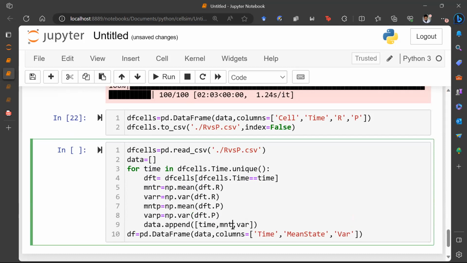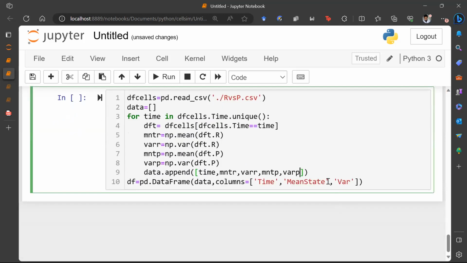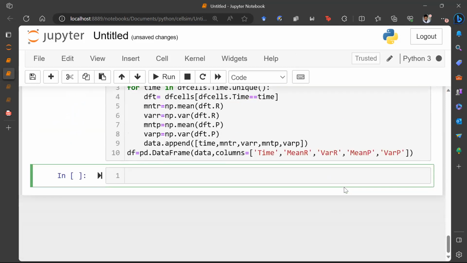And I'm gonna save the mean of R and variance of R, mean of P, and variance of P. And I save it as a data frame with columns mean R, var R, mean P, and var P.